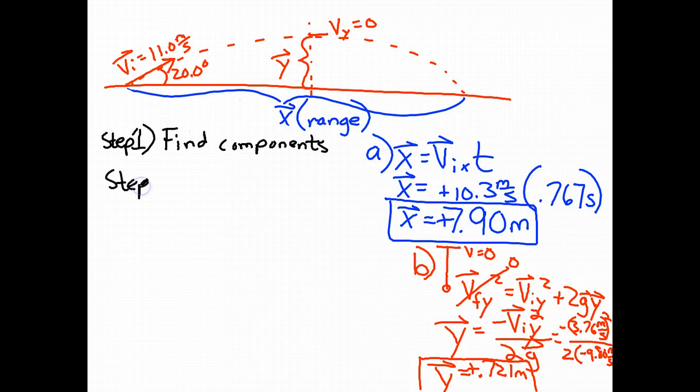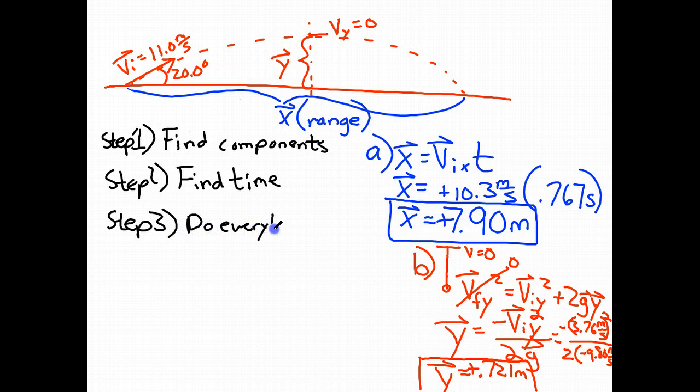Step 2: find the time. Now remember, that could either be half the time of flight or the whole time of flight. If it's half, make sure you use the proper one when you find the x value. And the last step, and I kind of laugh at this one, is to do everything else. Okay, that's the second type of example problem where you're actually going from flat ground to flat ground and you have initial components for the velocity.